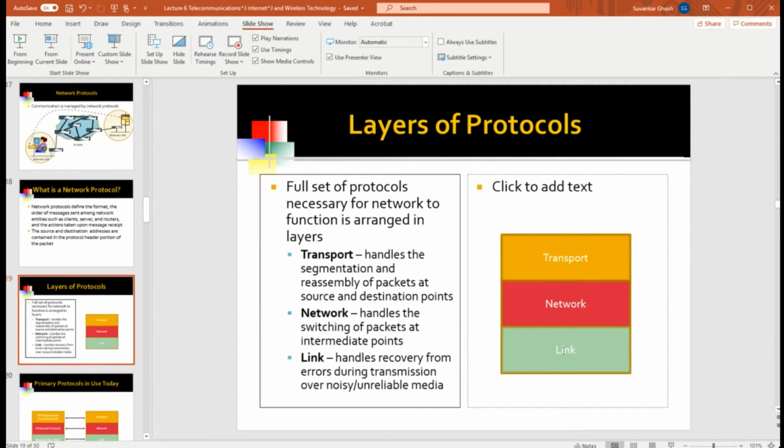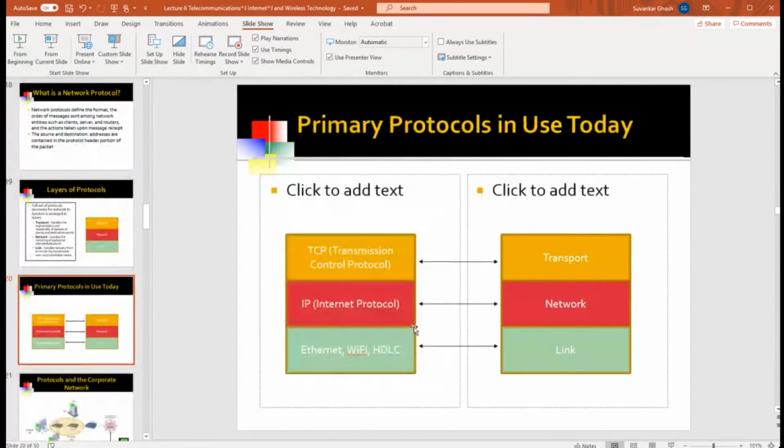Now, these names, link, network, and transport, are generic. There are also specific names. If you're looking at the internet per se, and that's the most important network that is out there, there are specific protocols that are used.